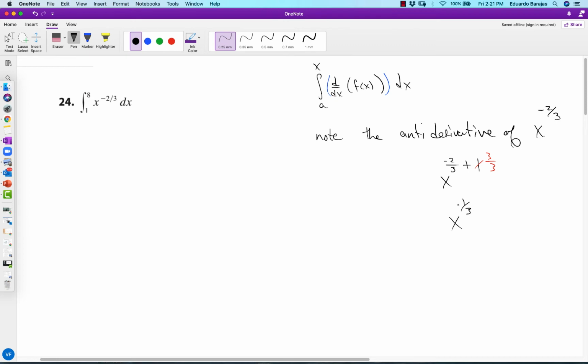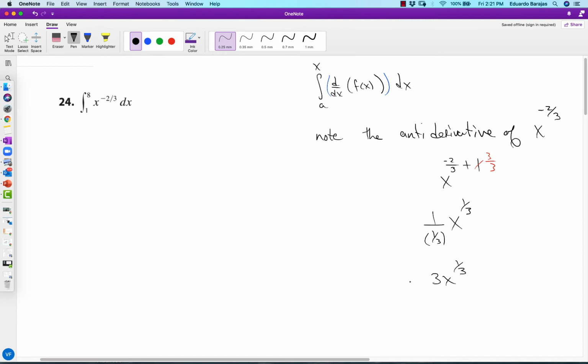And so now if I think about taking the derivative of this function, I bring down the 1/3, subtract 1, so that I get the correct exponent, but then I'd have a 1/3 here. So I need to fix that by multiplying it by 3, or the pattern is to copy that, right? So the pattern would be to do this, 1 divided by 3, where this is the variable there. And then that simplifies, of course, to 3x to the power of 1/3.